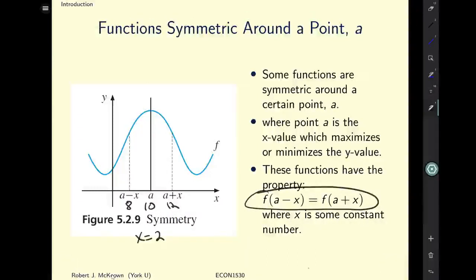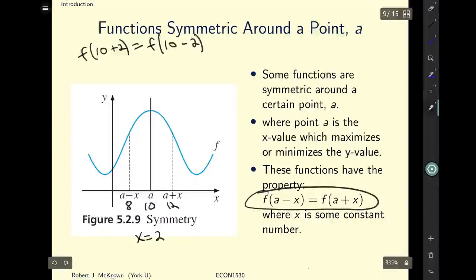Then if this function is symmetric around A, it must be the case that f of 10 plus 2 is equal to f of 10 minus 2. Or f of 12 is equal to f of 8.